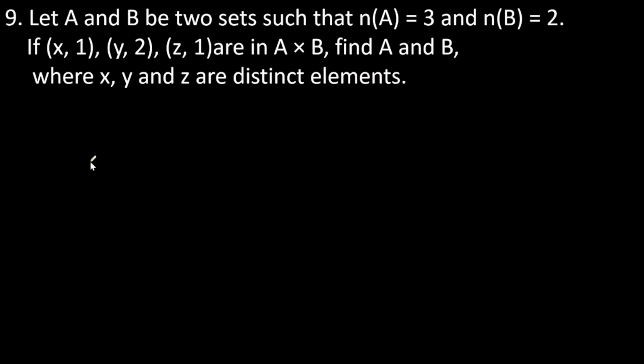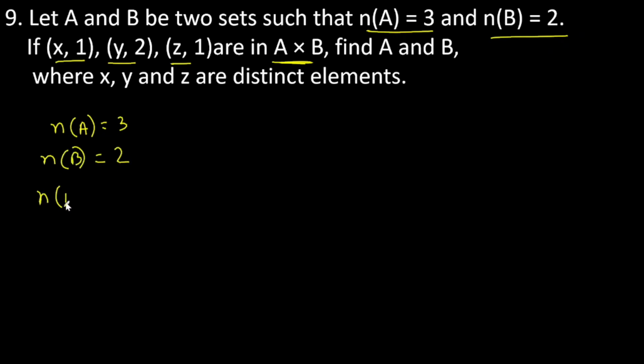Let A and B be two sets such that n(A) is 3 and n(B) is 2. If these are the elements of A cross B, find A and B. Where x and y are distinct elements. So n(A) equals 3 given and n(B) equals 2 given.